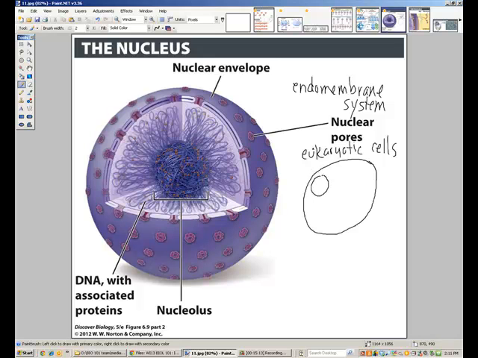So we're going to be talking about the nucleus, which is membrane-bound. We're going to be talking about the ER, the endoplasmic reticulum. We're going to be talking about the Golgi apparatus. Okay, all of these are membrane-bound organelles: 1, 2, 3. We're also going to be talking about ribosomes, and that is not a membrane-bound organelle. That's a protein. Okay, so those are going to be our 4 locations where we're looking at things.